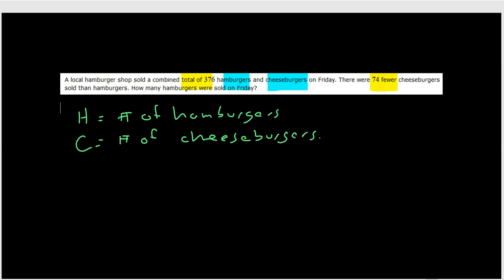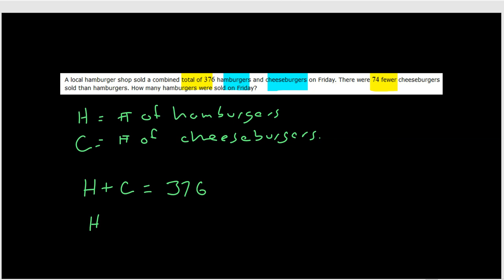Now let's go back. It says we have a total of the two of 376. So if I add the number of hamburgers and the number of cheeseburgers, that's going to be 376. And I also know that there's 74 fewer cheeseburgers than hamburgers.